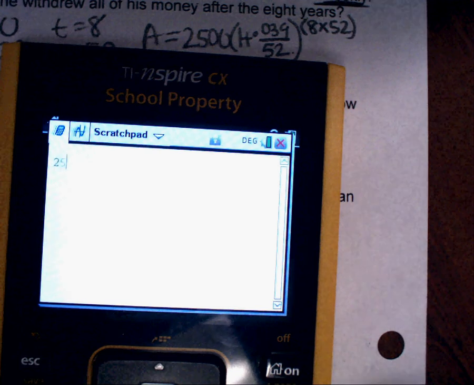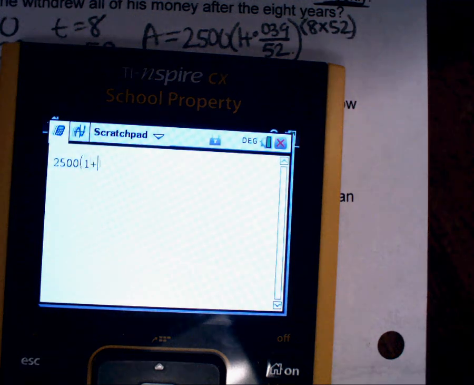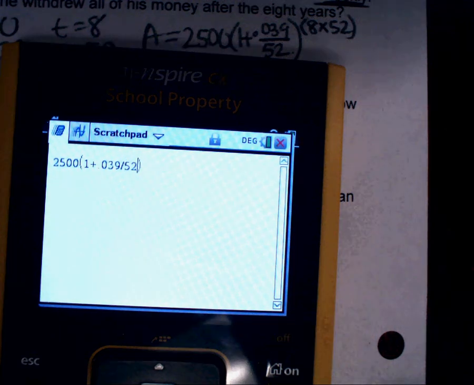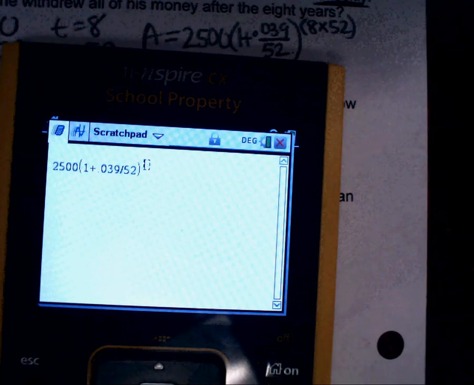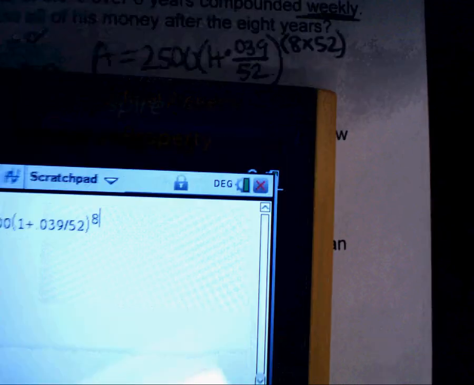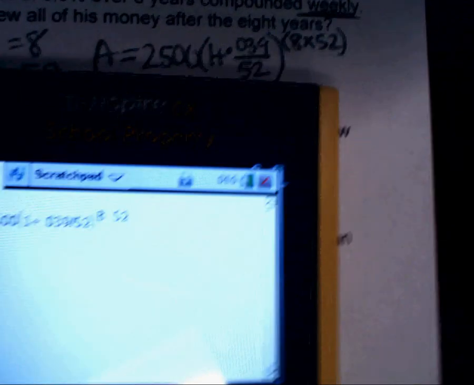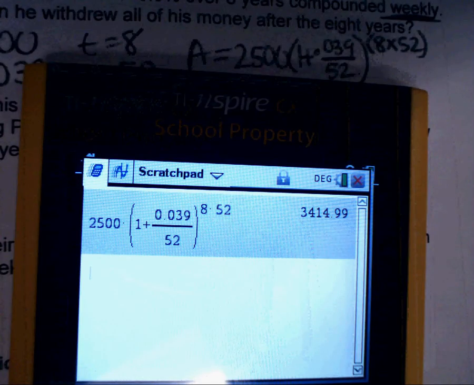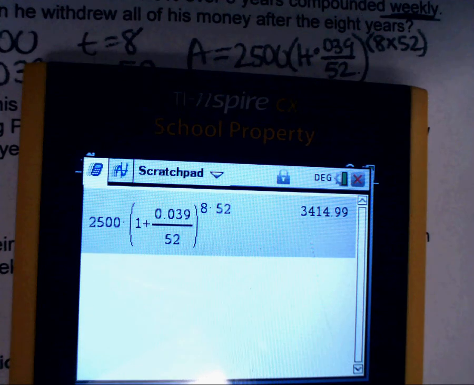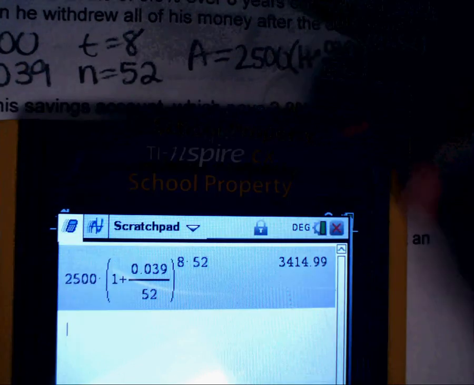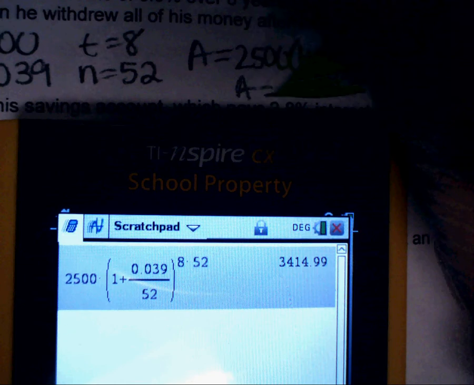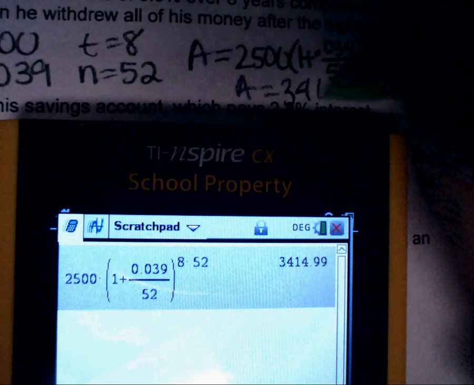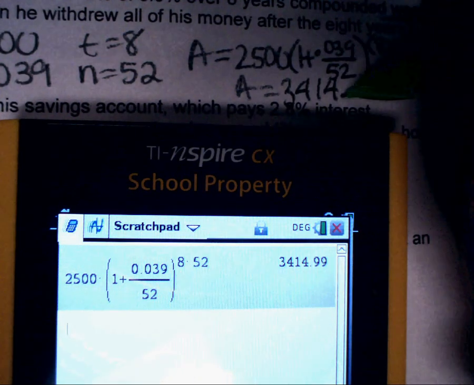So grab my calculator, type in 2,500, 1 plus 0.039 divided by 52, and then I raise it to the power of 8 times 52. Press enter, and that's how much money he has left after 8 years. So A equals 3414.99.